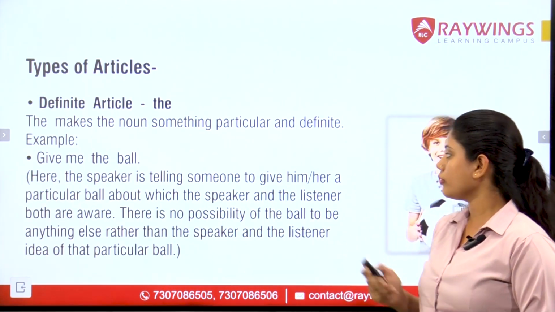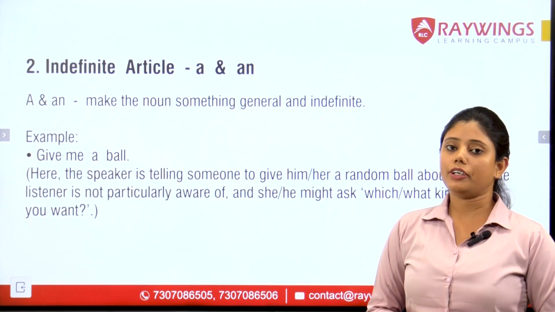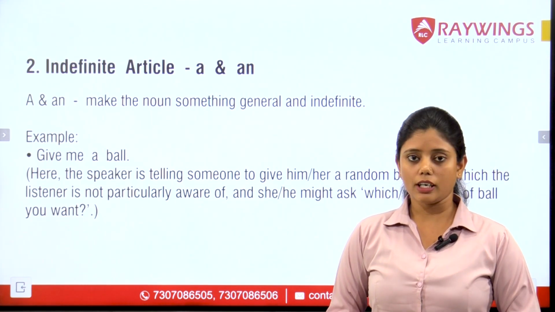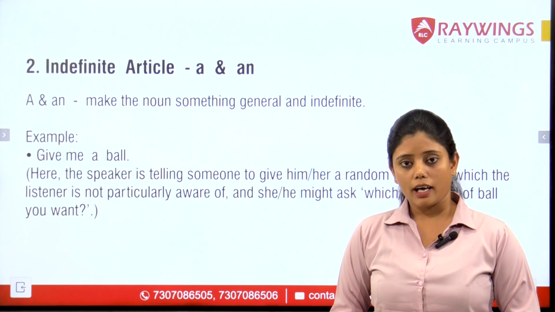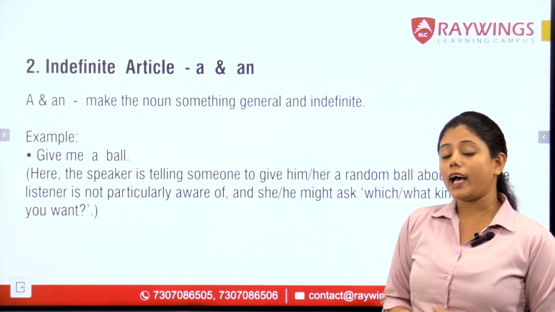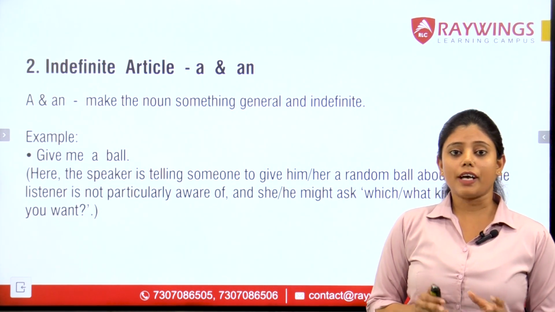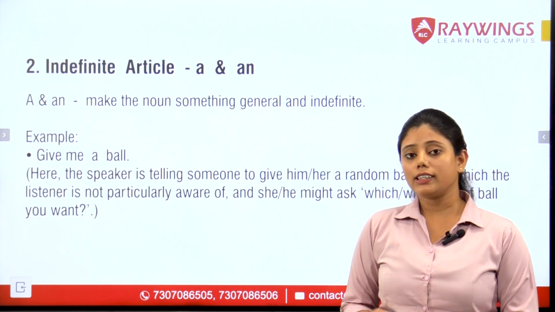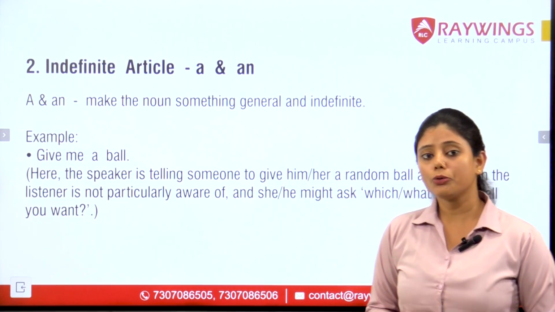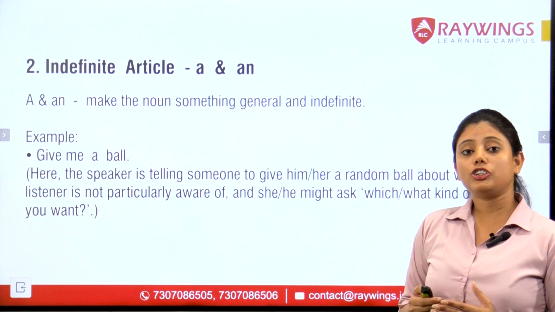Clear? The next is the indefinite articles. As I told you earlier, there are two types of indefinite articles, a and an. So now what is the work of the indefinite article? As we studied, the is used to define something particular, whereas the articles a and an, which are the indefinite articles, are used to give something general, right?